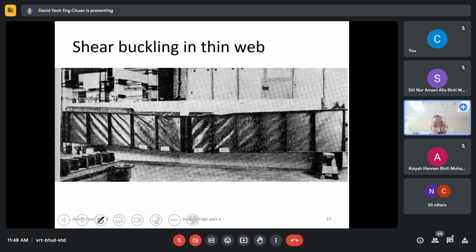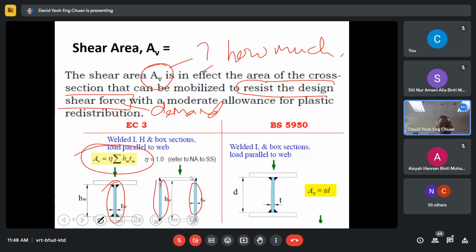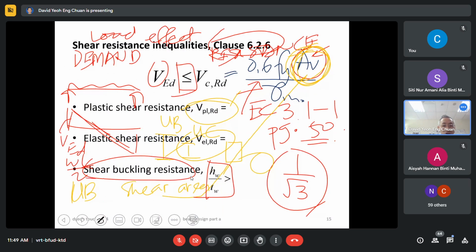Now, what happens if your shear area is insufficient, and also if your H over T, that's the web, is insufficient? If it's shear buckling, if H over T is more than 72. If it's more than 72, what it means is this.